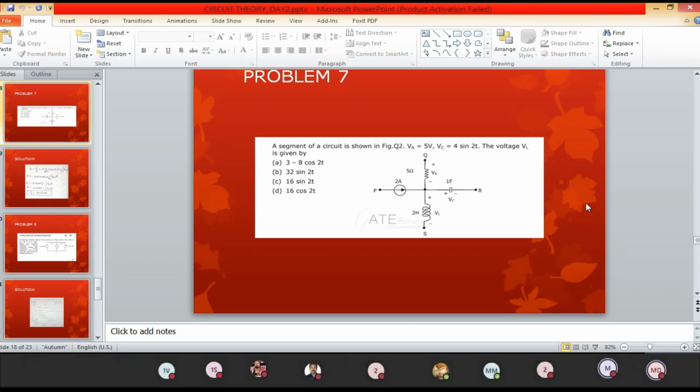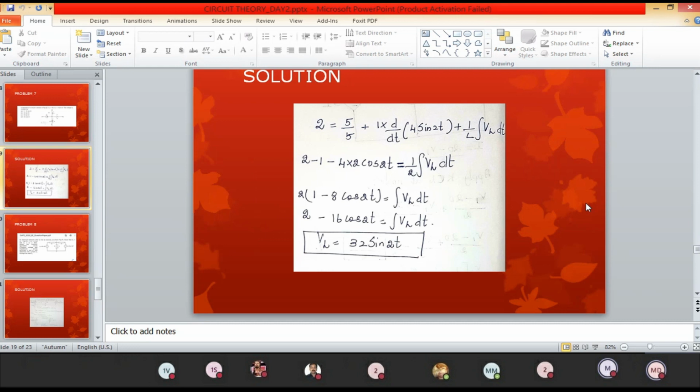Notice once again, even though it is AC, they have put some sign notations to show the direction of current, so please be careful here. We are applying Kirchhoff's current law: current entering the node is equal to current leaving the node. Always remember, current through the resistor is I = V by R. Current through the inductor is 1 by L integral V_L dt.